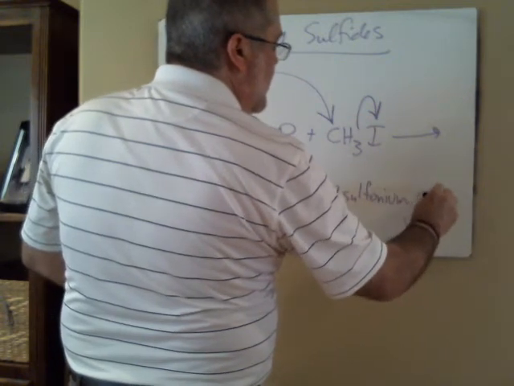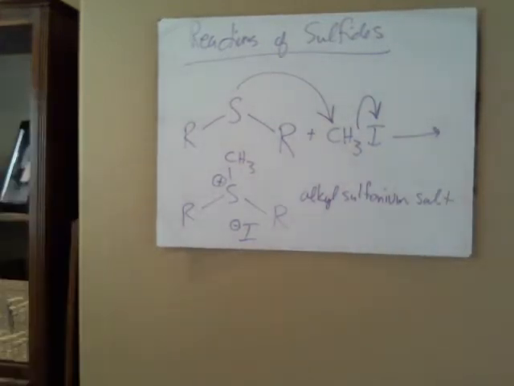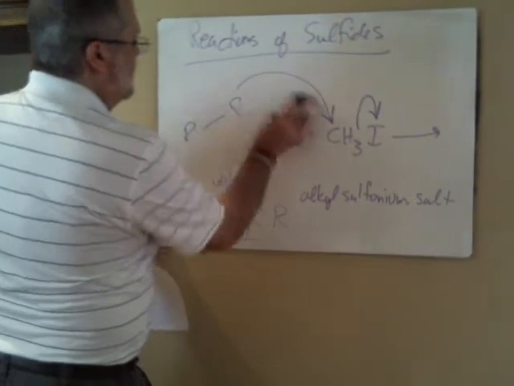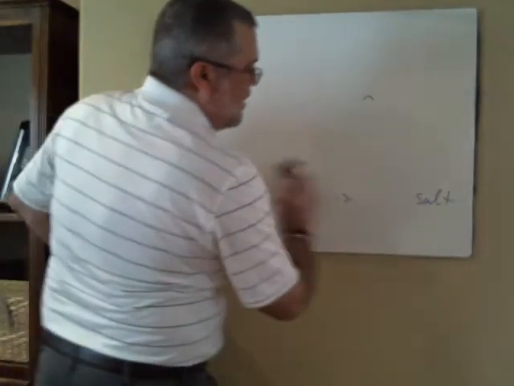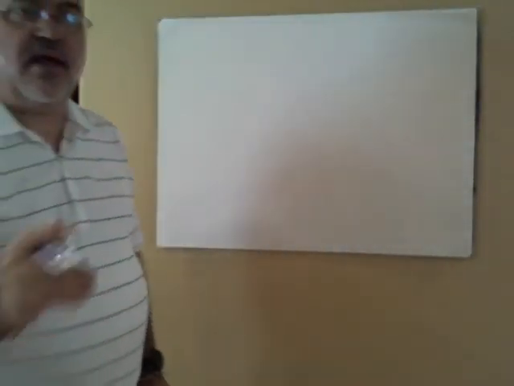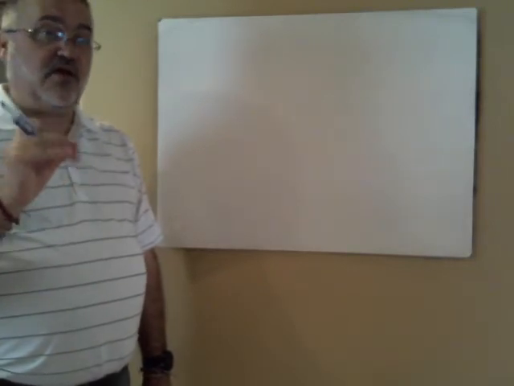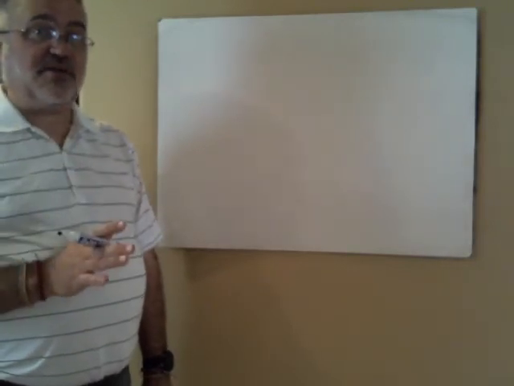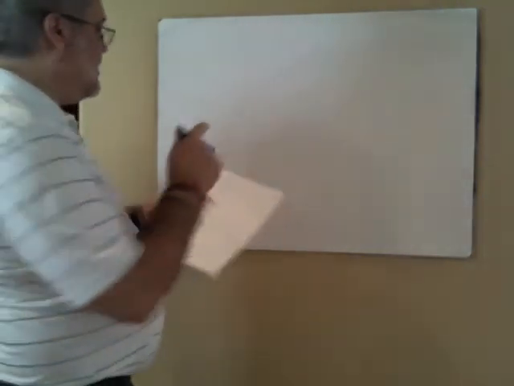Let me write that down. And we're going to see how we can use this synthetically. And I'll show you a specific example. Also, I want you to know that this is chemistry that is done in the body when your body does alkylation reactions. This is how the body does it.